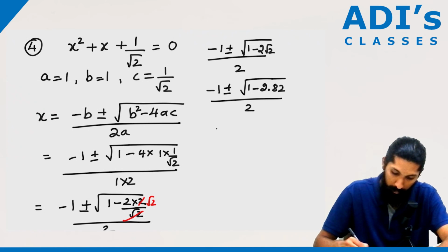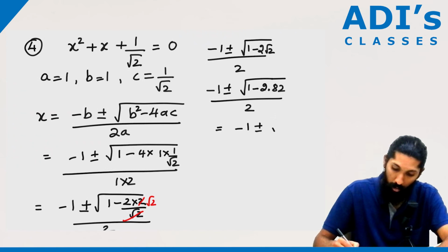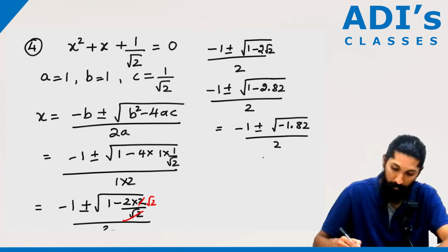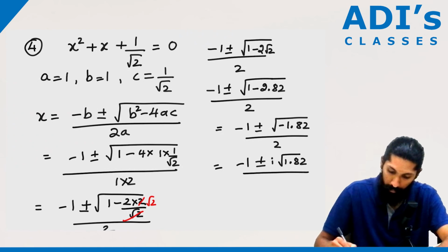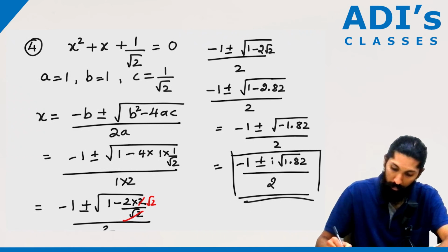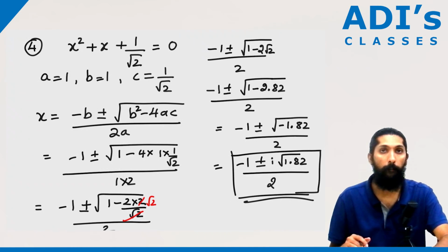So this value becomes minus 1 plus or minus root of minus 1.82 divided by 2, or minus 1 plus or minus I into root of 1.82 divided by 2. This becomes the value for the fourth one.